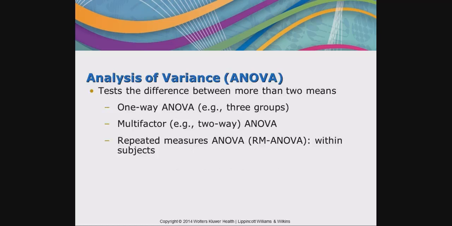The ANOVA. This is whenever the researcher wishes to compare the differences among more than two means. And it allows simultaneous differences between several means to be examined. You're going to see this represented by an F value, like F is in Fred.